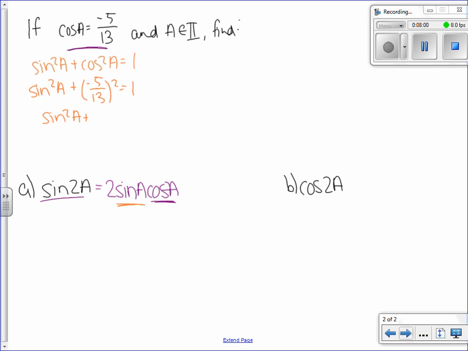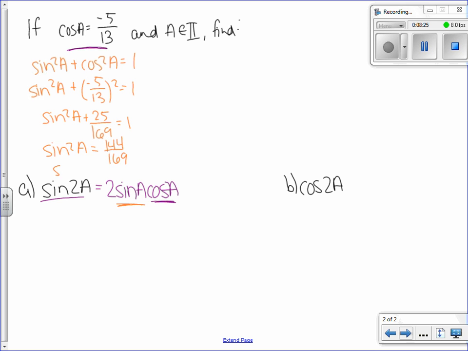I know that it's becoming a little redundant. 13 squared becomes 169, I think. Let me check that out on my calculator. Yep. And then we're going to do 1 minus that stuff. So I get that sine squared A is equal to 144 over 169.